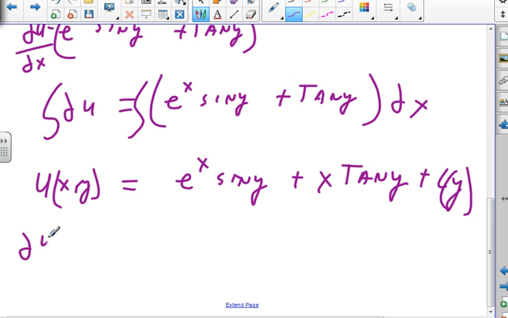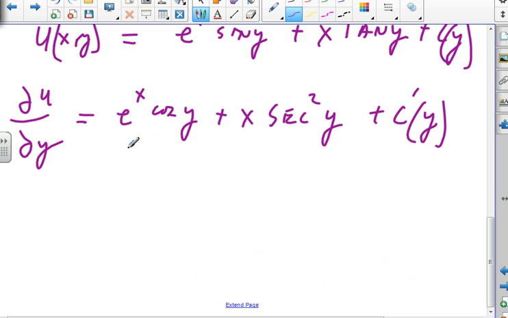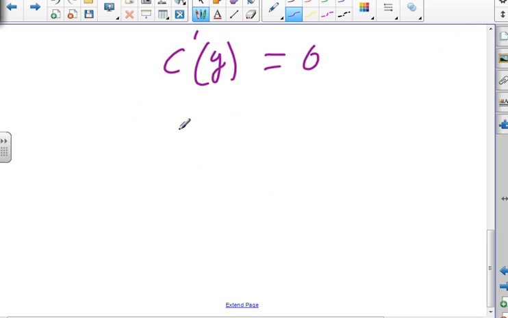The partial of u with respect to y is e to the x cosine y plus x secant squared y plus some c prime of y only. Okay? Now I look at this and I see that it's exactly what I have, e to the x cosine y plus x secant squared y. So c prime y is equal to 0. So c of y has to be a constant k.